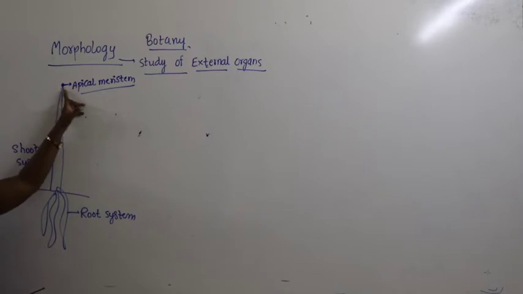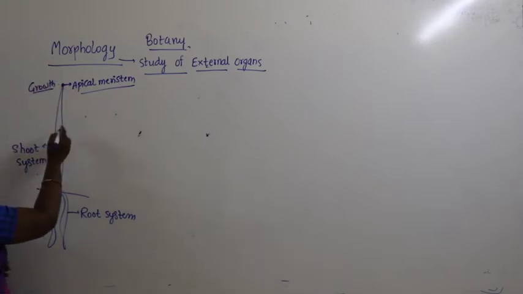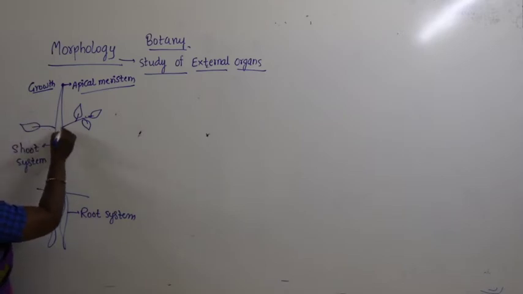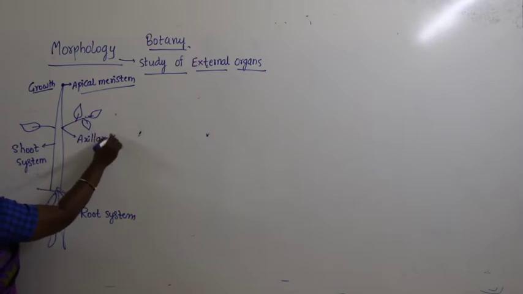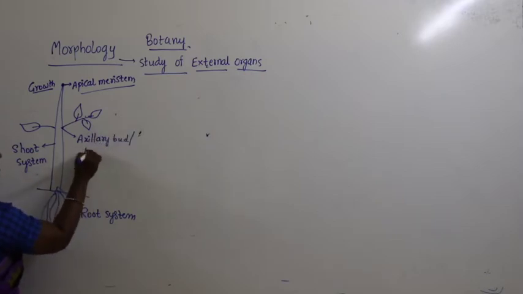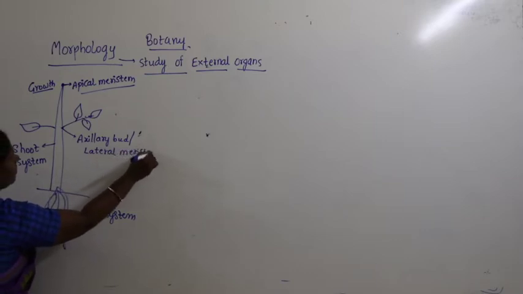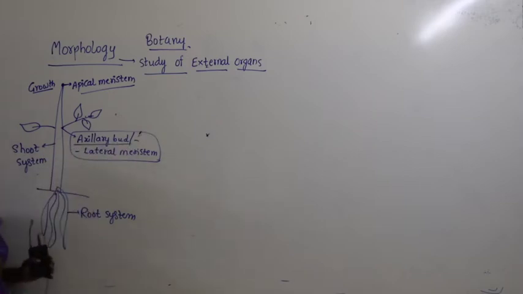The place where growth occurs is called tip, called apical meristem. This is a place where growth occurs, and here the place from where a lateral branch or the leaf arises, this is called axillary bud, or we call lateral meristem.